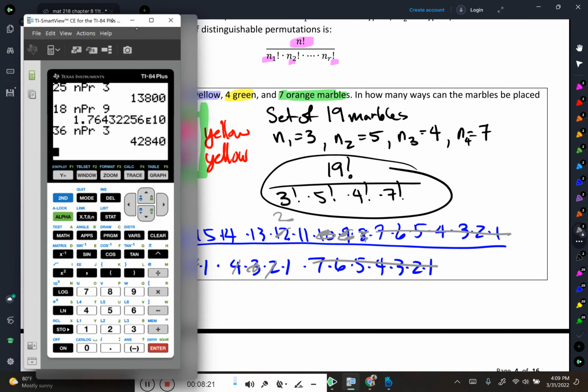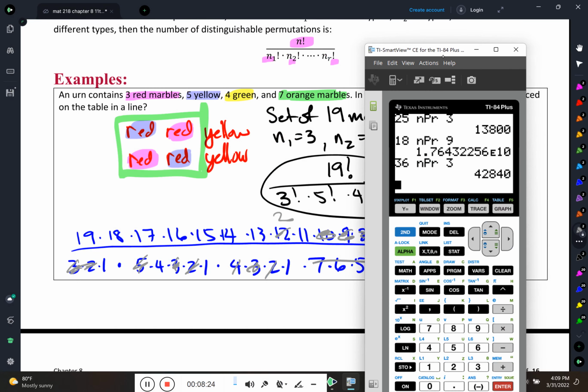So what do I have left in that numerator? I have 19 times 18 times 17 times 16 times 15 times 14 times 13 times 2 times 11.